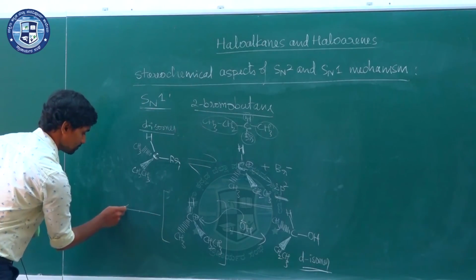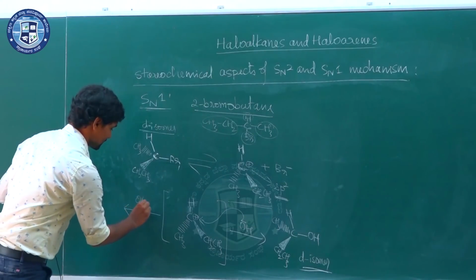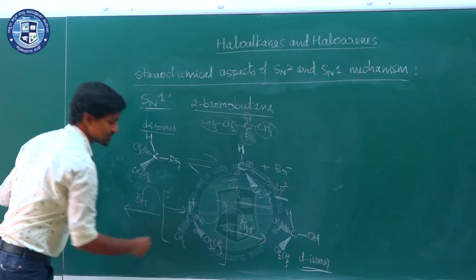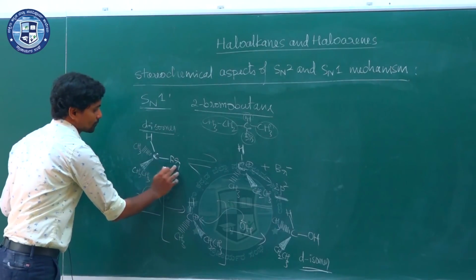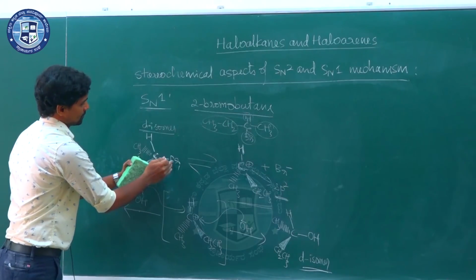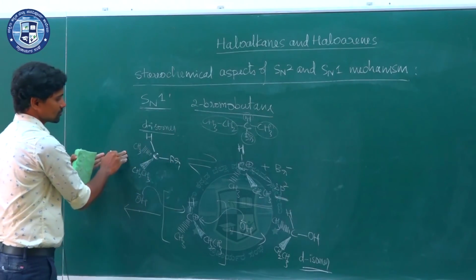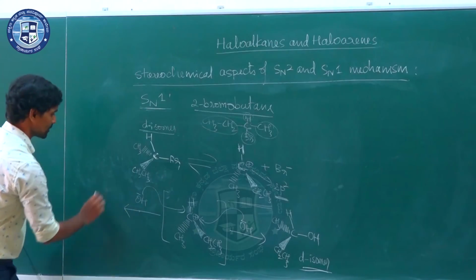Now there is the other 50% chance that the nucleophile attacks from the opposite direction compared to where the bromine atom was in the reactant molecule. So at that time what will be the product?